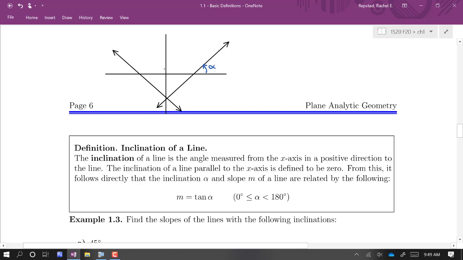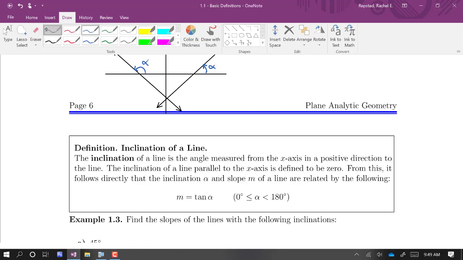It doesn't have to be the positive x-axis, but you want to be to the right of the line on the x-axis, and then draw that angle up. So there's the inclination of that line. The inclination is always an angle between 0 and 180. If you go beyond 180, then the line kind of turns back to a positive slope line.